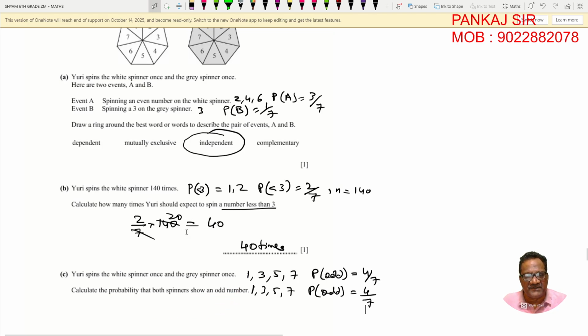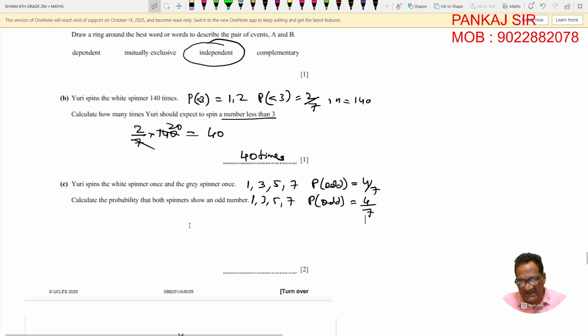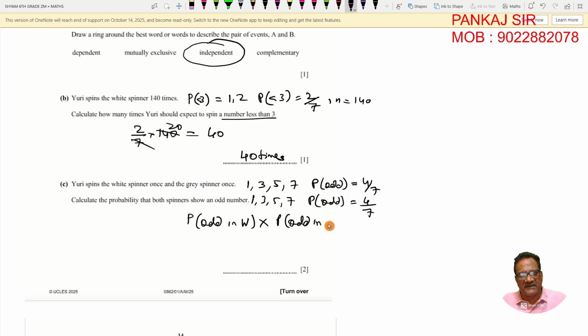So both the spinners showing an odd number means the white spinner shows an odd number and the gray spinner also shows an odd number. So it is probability of an odd in the white, and means multiplication, probability of an odd in the gray.